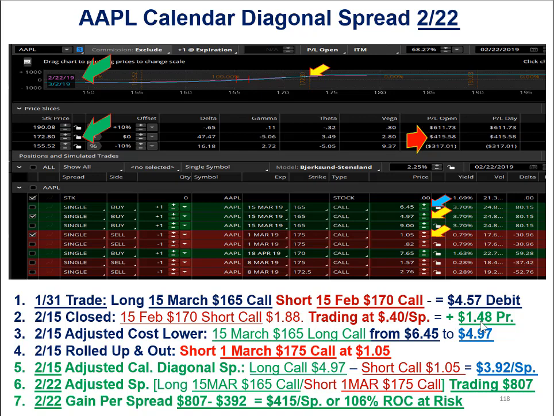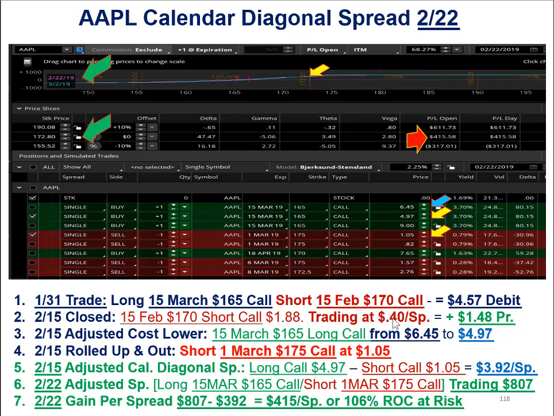Closing the 188 out at 40 cents, we took $148 profit per spread. That lowered the cost of the 15 March 165 call from the original price of $645 to an adjusted price of $497. At the same time, we rolled up and out. We shorted the 1 March series 175 call and brought in $105.